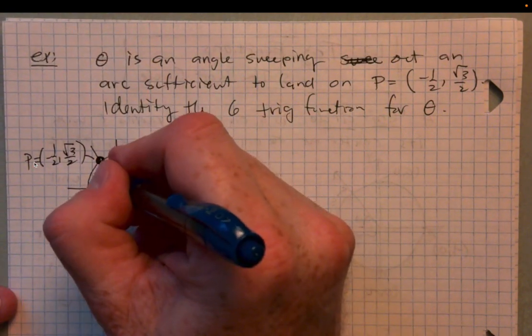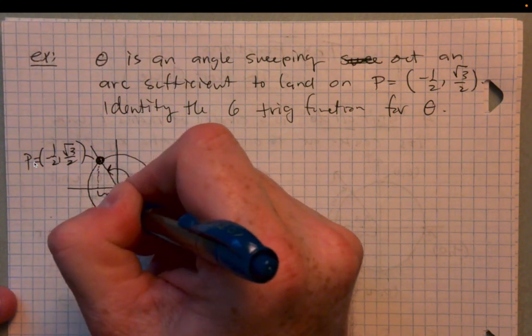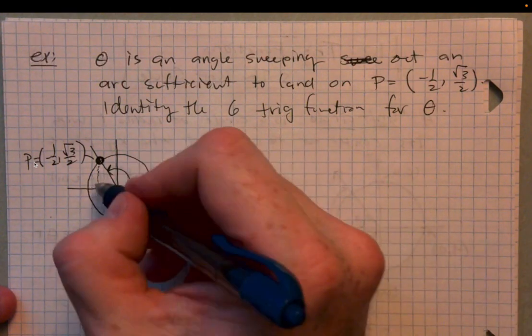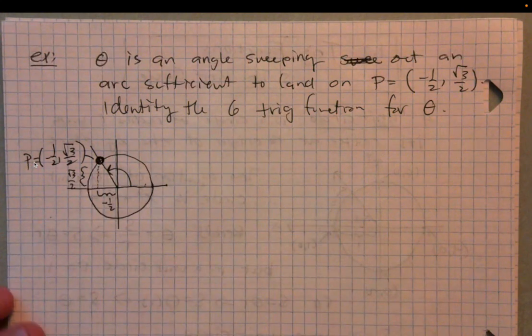And just to make sure we're crystal clear on what this means, this is the length -1/2. That's the distance on the x-axis. And this is the length square root of 3 over 2. That's the distance on the y-axis, just like a normal xy coordinate. Nothing exotic here yet.